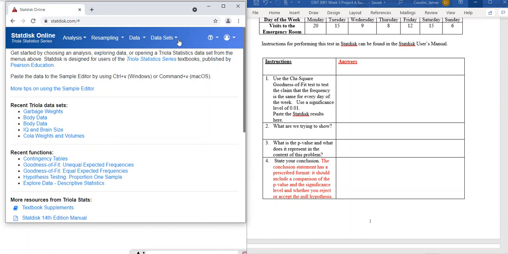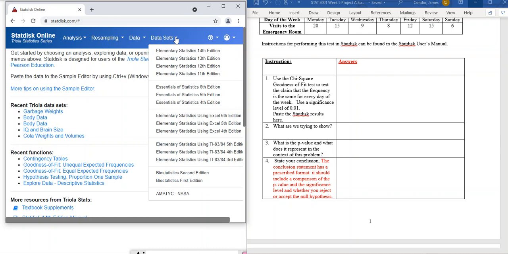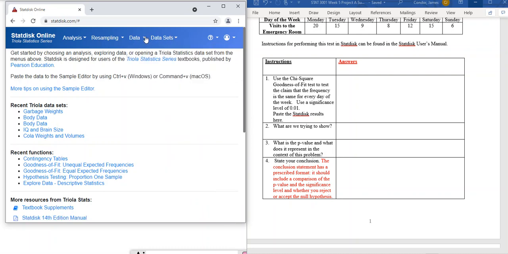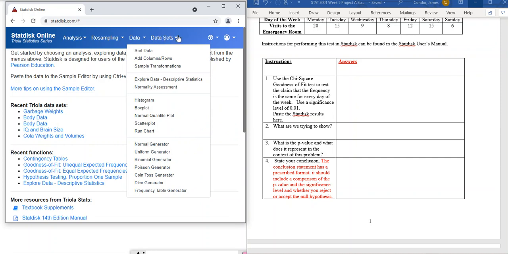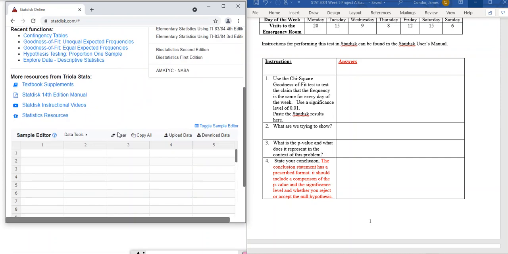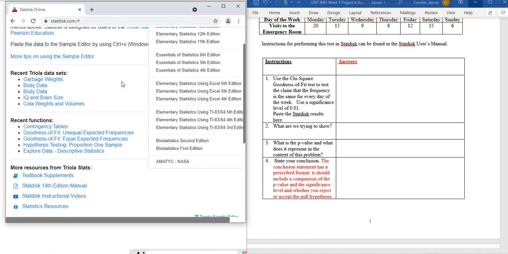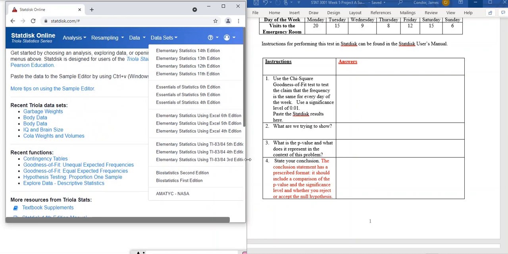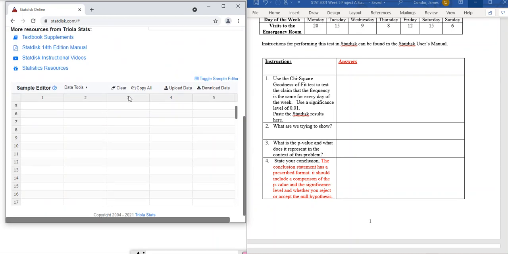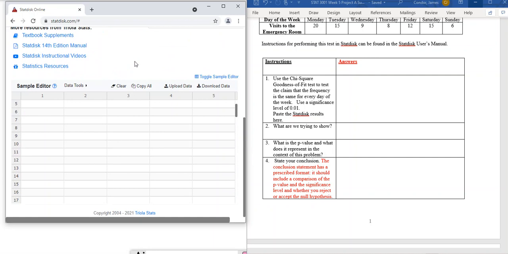Well, we got to go into data sets. Data. Oh, there it is. I just had to scroll. When this is squeezed in like that, I can't see what I have down there. So there we go.